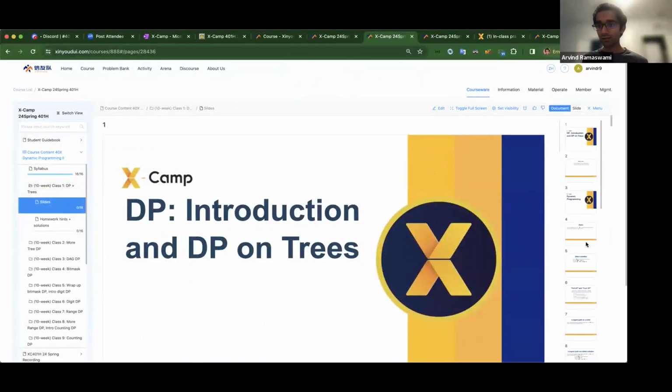Actually, before we start with the class material, I'll just go around. Everyone just say your name, where you're from, and what's your favorite algorithm? So I'm Arvind. I'm originally from Georgia. I'm now at Purdue. My favorite algorithm is binary search. Brian? My name is Brian.